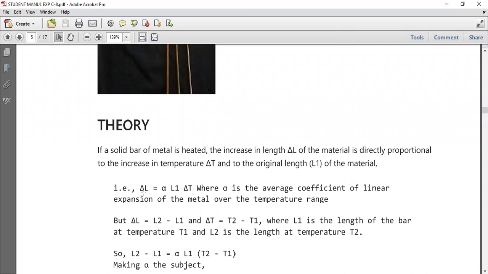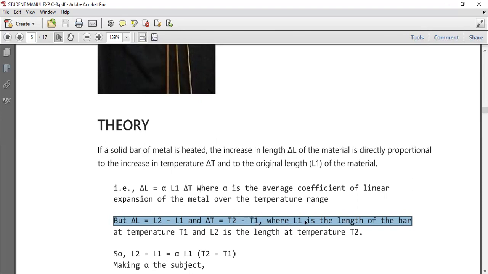The change in length, delta L, is equal to the coefficient of linear expansion, denoted as alpha, multiplied by the initial length L1 times the change in temperature delta T, where alpha is the average coefficient of linear expansion of the metal over the temperature, and delta L is nothing but final length minus initial length, and delta T is just the final temperature minus the initial temperature.